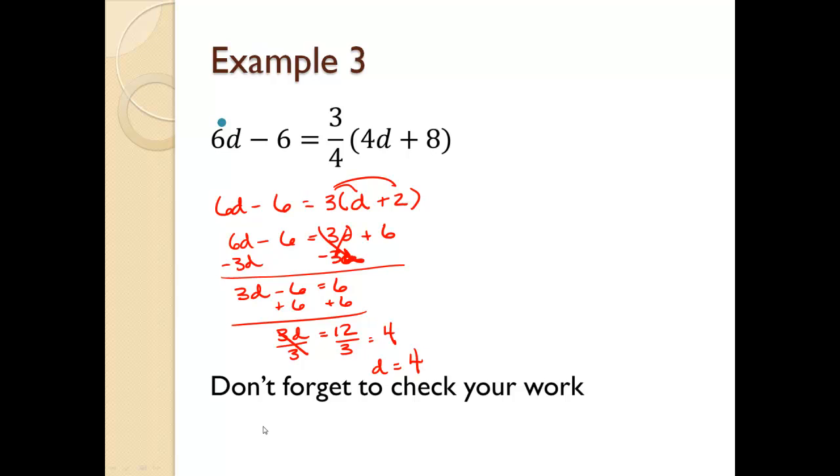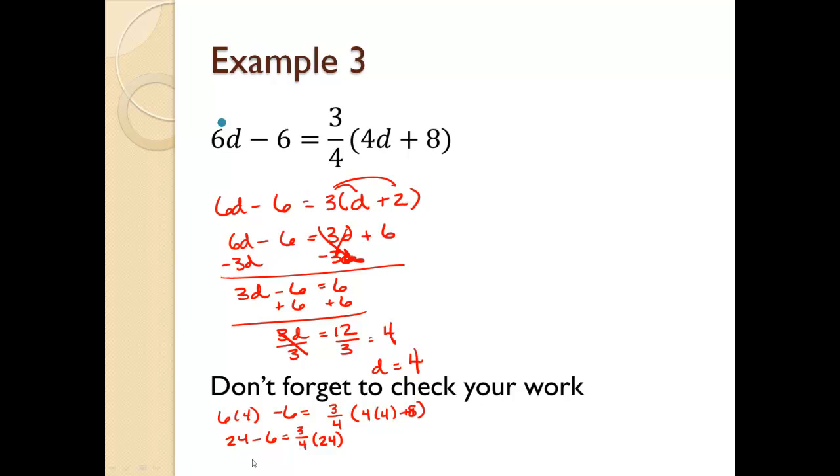Okay, and does 4 work? 6 times 4 minus 6 equals 3/4 times 4 times 4 plus 8. So this would be 24 minus 6 equals 3/4. 4 times 4 is 16, plus 8 is 24.